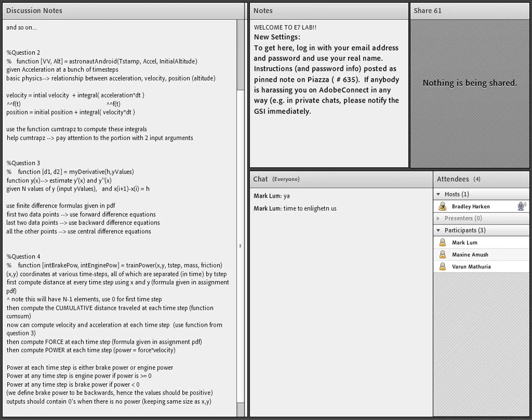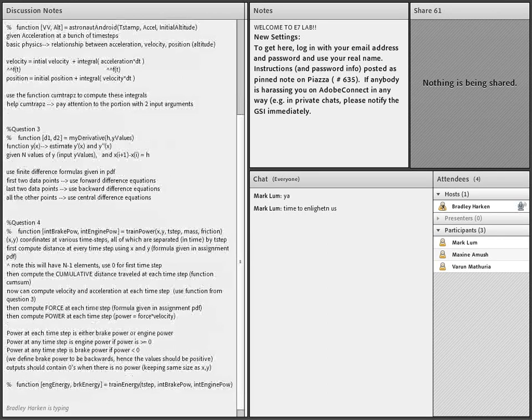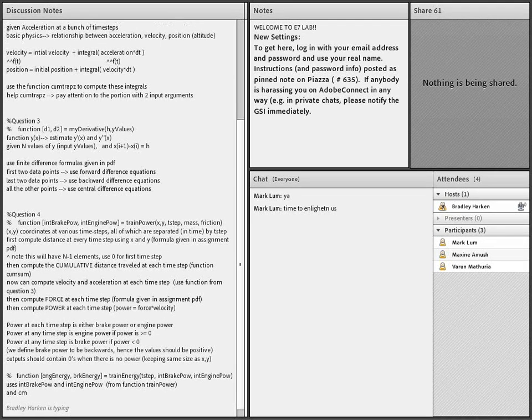So almost done with question 4, almost done with the assignment. One last part to question 4 is another function called train energy. So this uses int brake pow and int engine pow from the function train power, and computes energy at each time step.